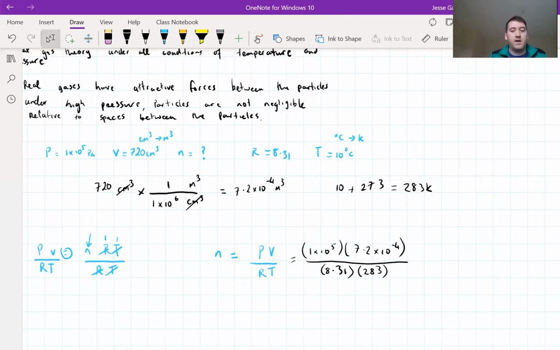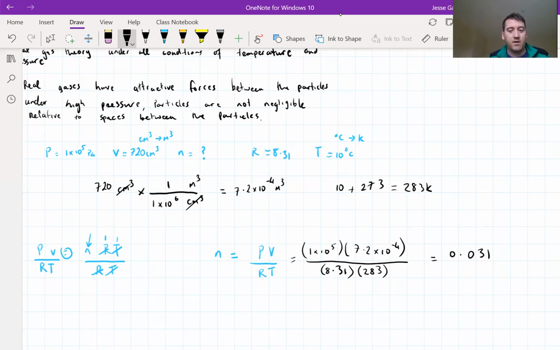Okay, so let's see what we got. I'm going to do this with you. So 1 by 10 to the 5 times 7.2 by 10 to the minus 4, making sure that's 10 to the minus 4, all over 8.31 times 283. That gives you 0.0306, which I'm going to round to 0.031.